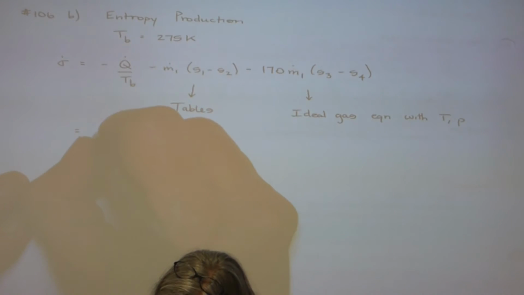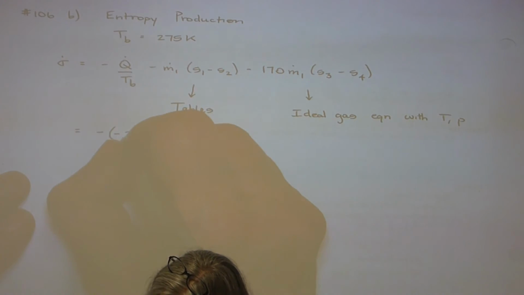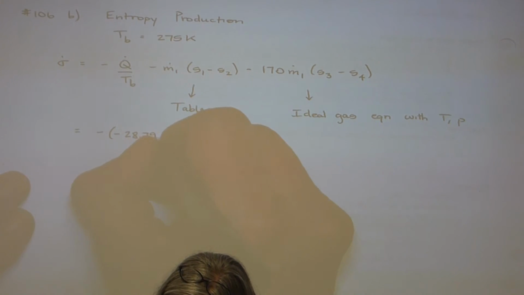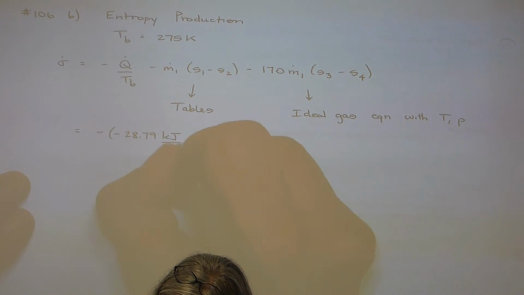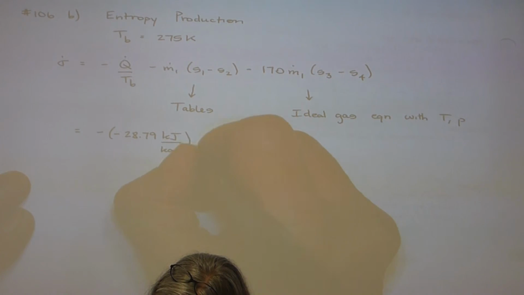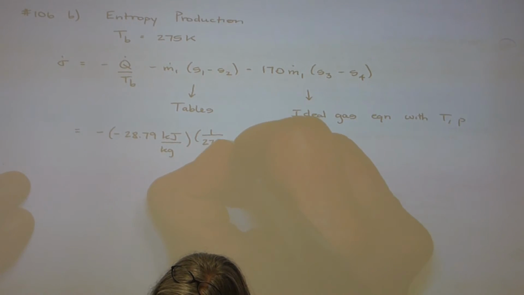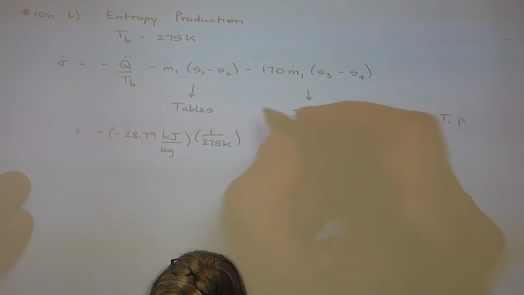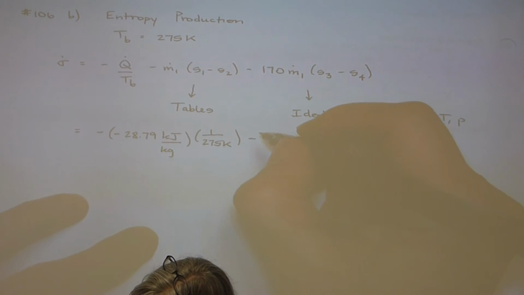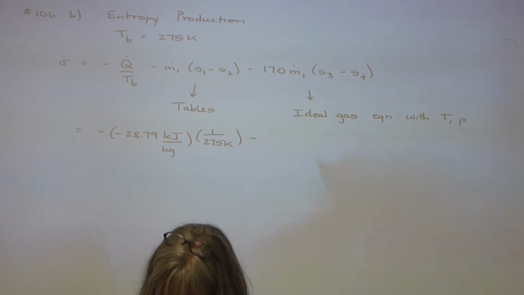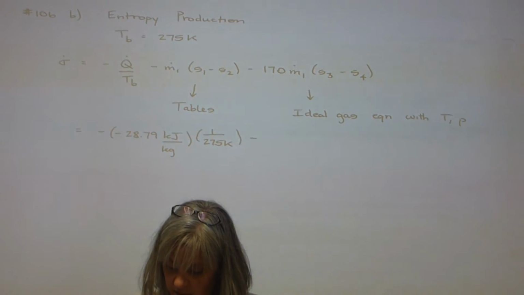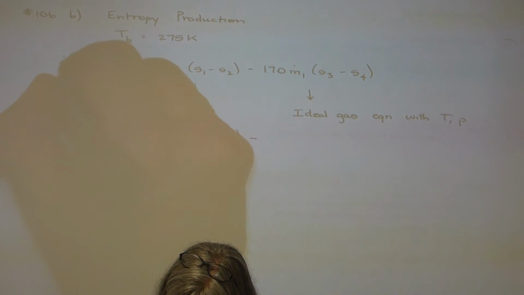And so negative 28.79 kilojoule per kilogram times 1/275 Kelvin minus, oh, we forgot to divide. So I am again trying to find this value.